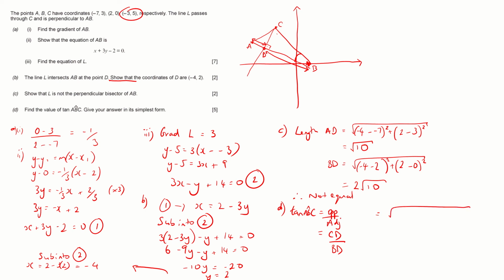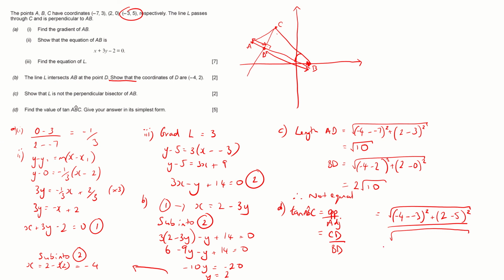So CD would involve the length between C and D, where the coordinates are given to us in the question. So it's going to be D is minus 4, take away minus 3, squared, plus 2 take away 5, squared, all over BD.